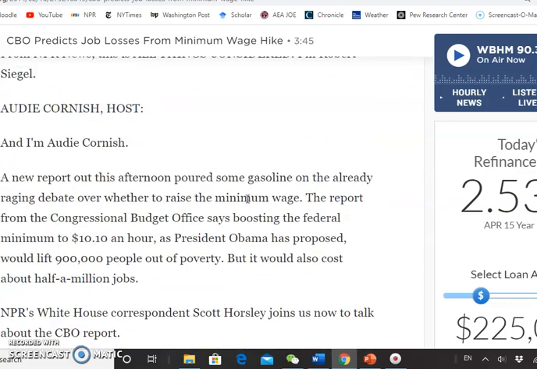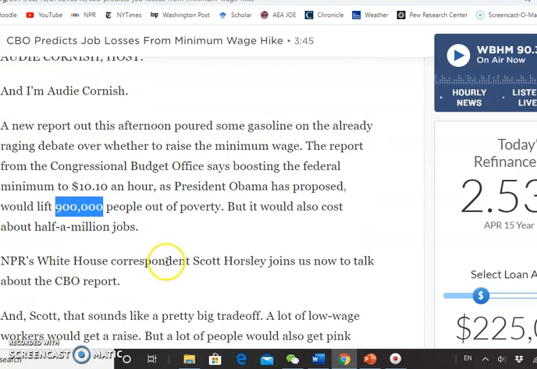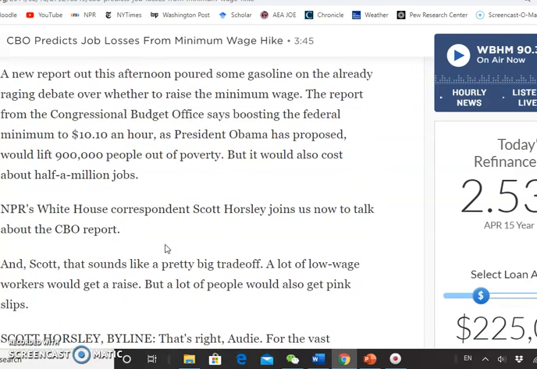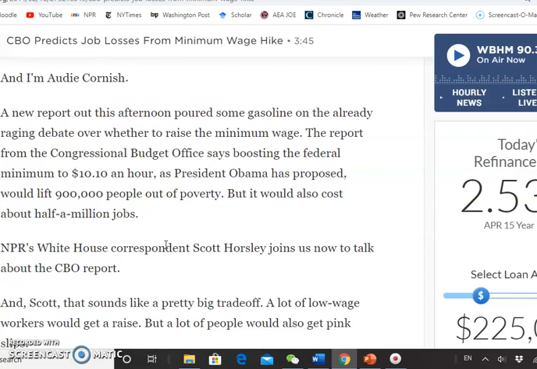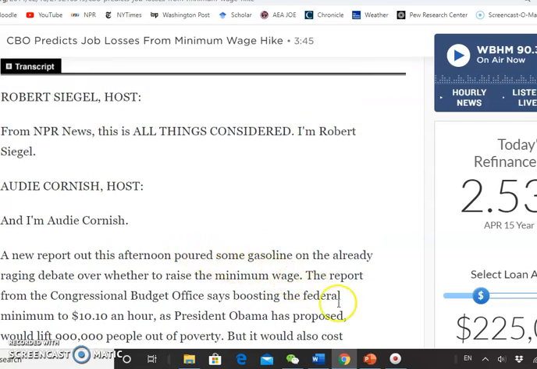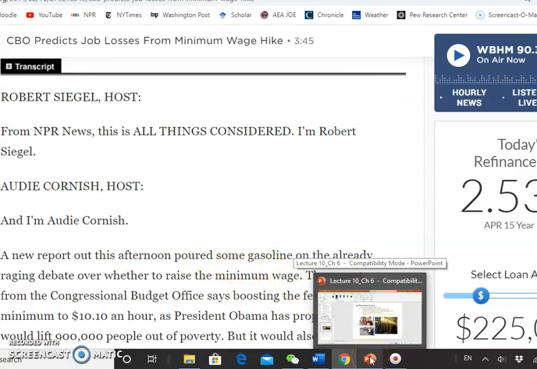Yeah, right here. I'm sorry, it lifts 900,000 people out of poverty. But the cost is also substantial. They said that we're going to see 500,000 jobs eliminated because of the higher minimum wage. So again, this is a pretty serious issue.